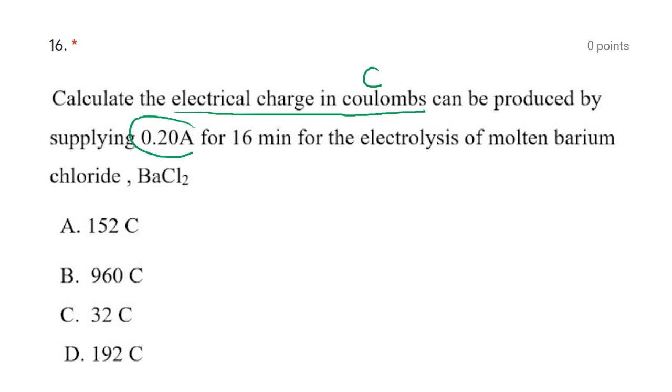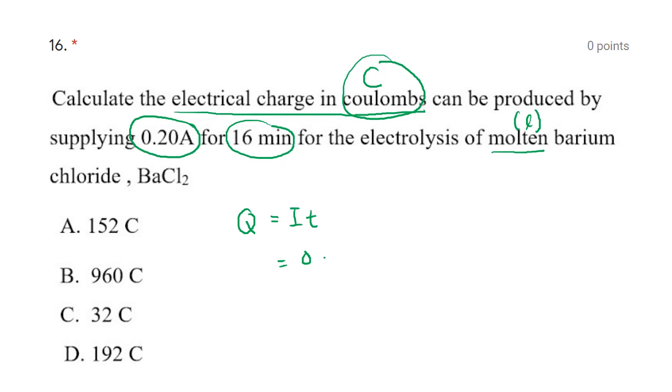Second last question, you need to calculate the electrical charge in coulomb that can be produced by supplying 0.2 ampere for 16 minutes to molten barium chloride. Just recall, if it is molten, the physical state is liquid. To find the electrical charge in coulomb, we are going to use the formula Q equals I t.